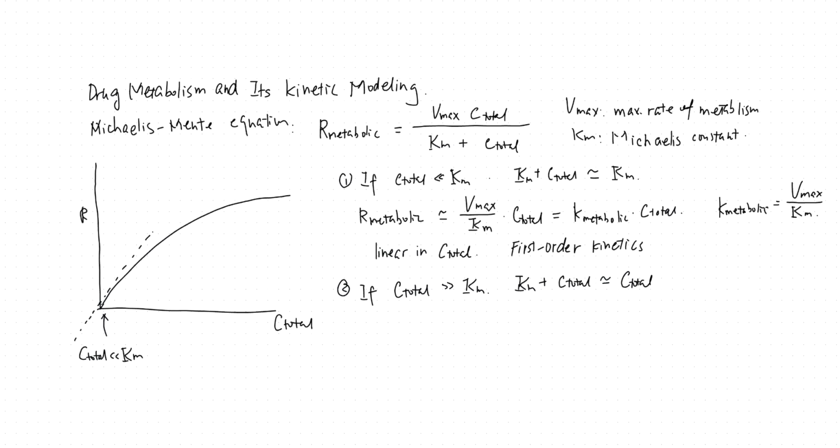So now your metabolic rate is approximately Vmax multiplied by C total divided by C total, just equal to Vmax. It's a constant. And this is called zero order kinetics.